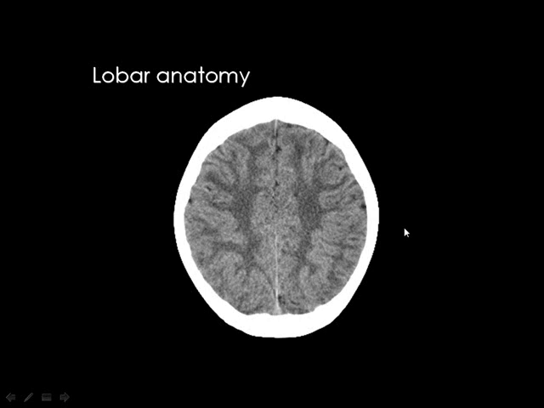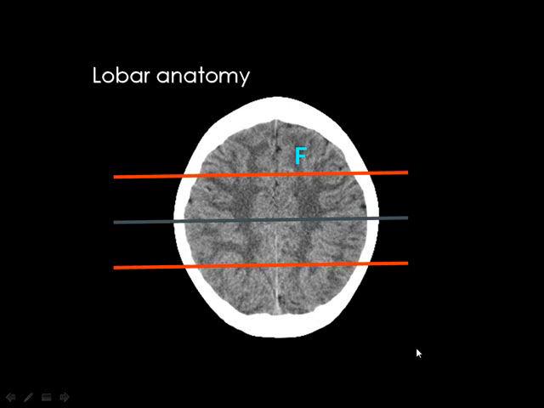Then, if you would like to locate the lesion in this section and you don't have the ventricles to draw lines, then you should have three lines, dividing this section into four parts. The first part will belong to the frontal lobe, but the last one will not belong to the occipital lobe, because the occipital lobe is very small and it finishes in the lower section.